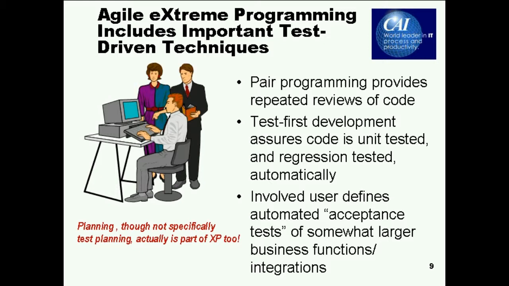The other benefit of test-first development is that because the tests are automated, whenever the code is changed or added to, the tests are also changed or added to and then rerun.